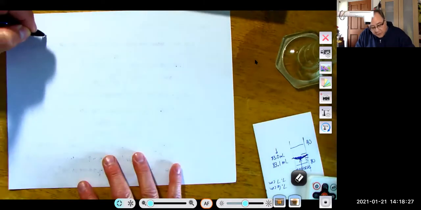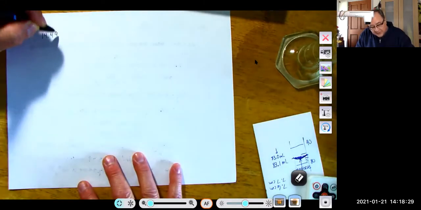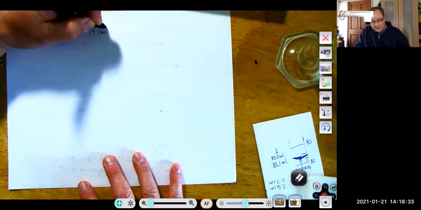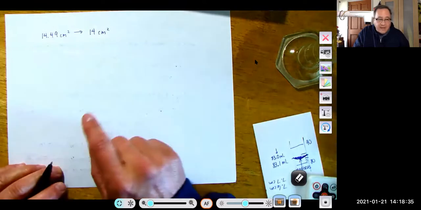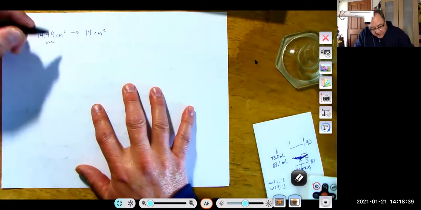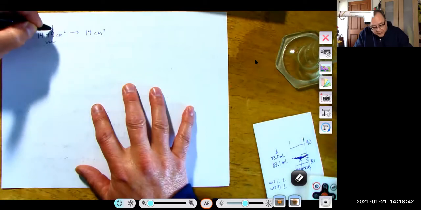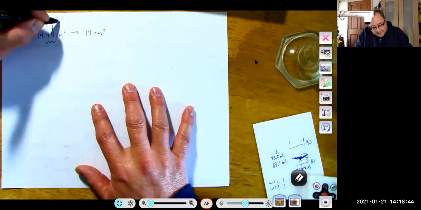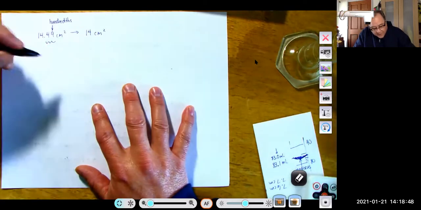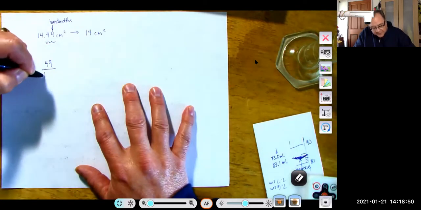So 14.49 centimeters squared goes to 14 centimeters squared. And I'm going to show you exactly why that is the case. This part here, remember, this is hundredths, right? So this means 49 hundredths.